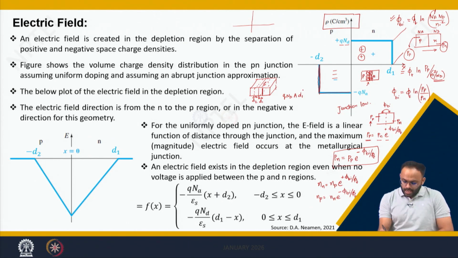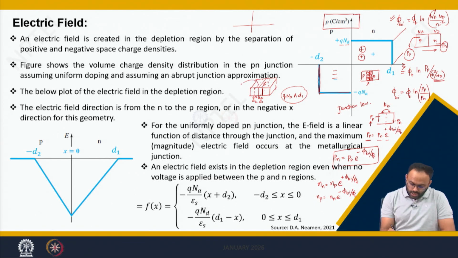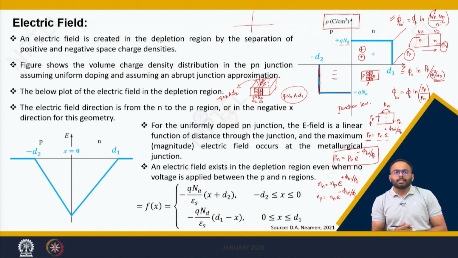This is the charge available in the N side of the depletion region, and the charge available in the P side of the depletion region is minus Q into Na into area into D2, because these are negative charges and those are positive charges. As I said, the charge should be balanced, and hence there is no net current.